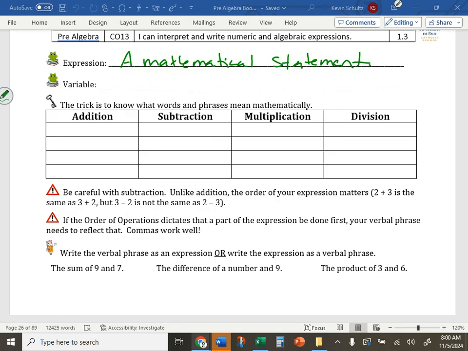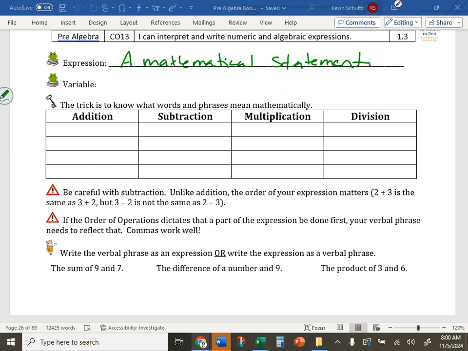What is a variable? Like the things that are letters.